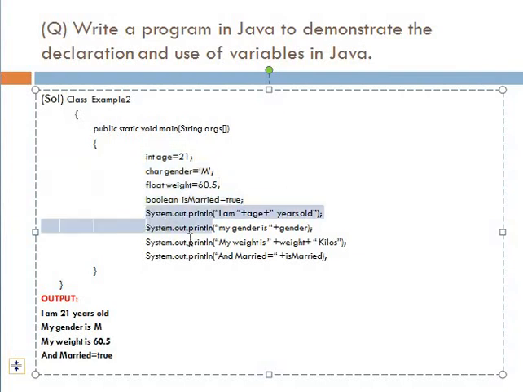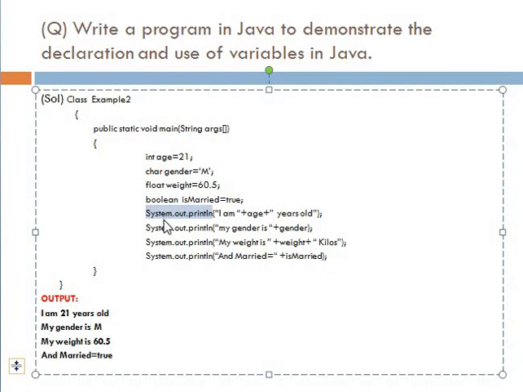Then come to these following statements. Each of these statements shall print text to the standard output. And for printing it to the output device, your statement should start with System.out.println.